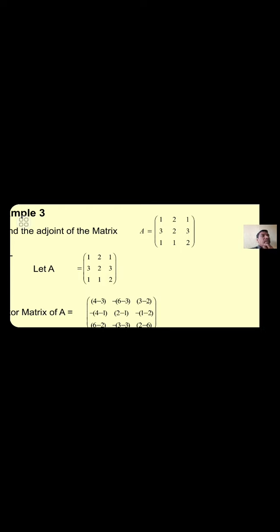So the first element minor is, after deleting first row first column, the determinant of 2 3 1 2, and 4 minus 3 is its cofactor. Like this, for each and every element we can write cofactors.